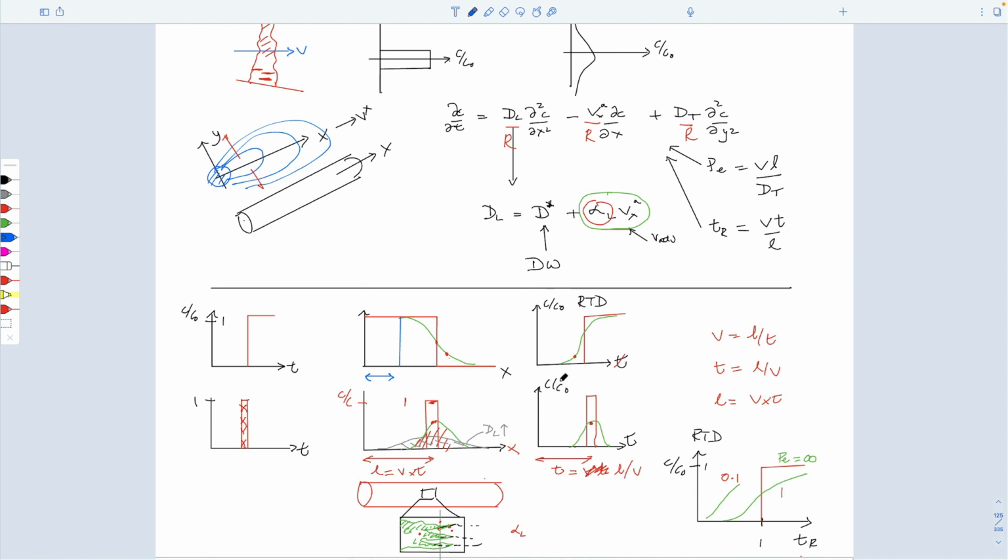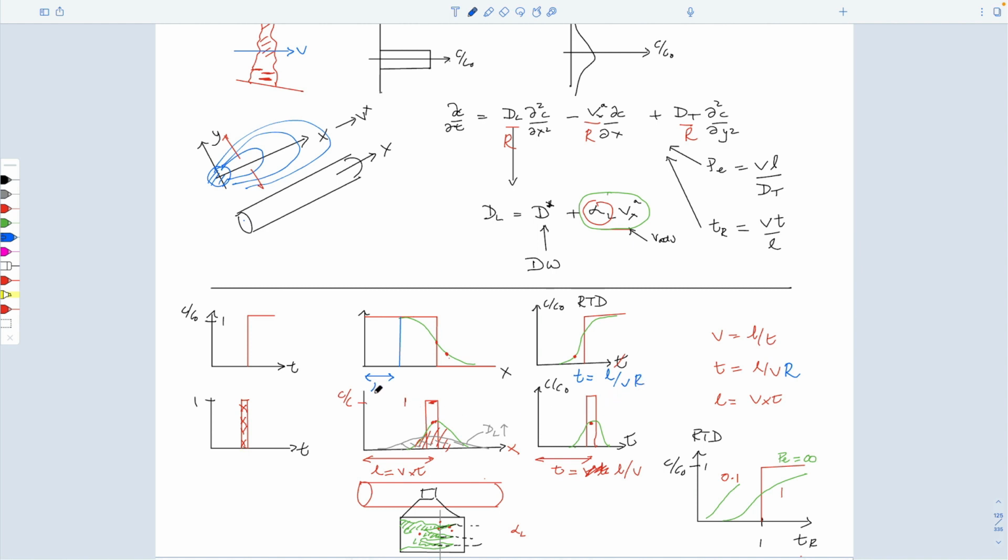what do we say the arrival time would be before? Time is equal to length over velocity times retardation.